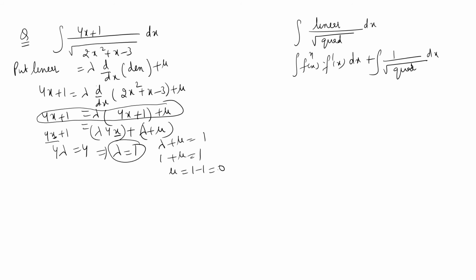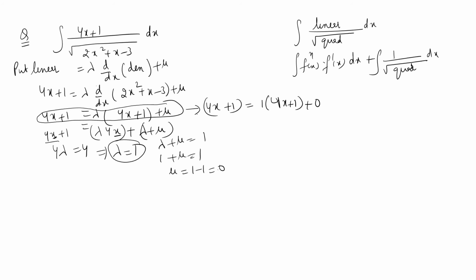Can you see automatically that if I write 4x plus 1 is equal to lambda, whose value I got as 1, times 4x plus 1, then definitely mu should be 0. See, this is the perfect splitting, isn't it? Because 4x plus 1 is equal to 4x plus 1, I don't need anything else. That's why mu has turned out to be 0.